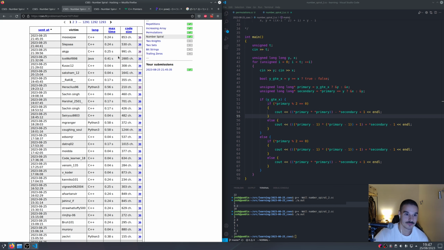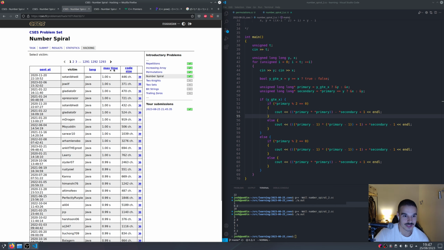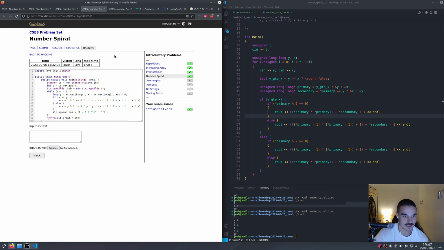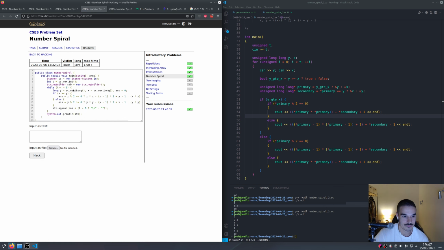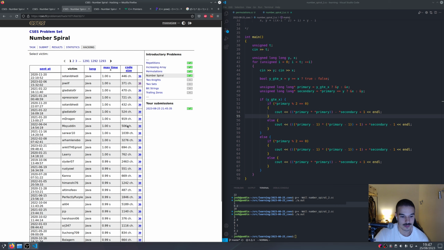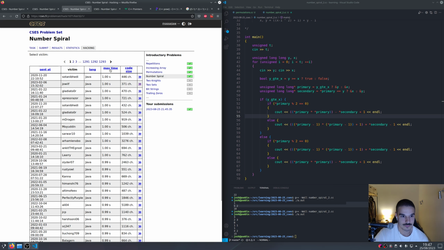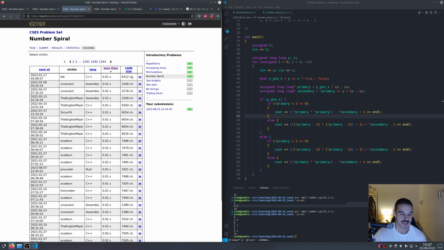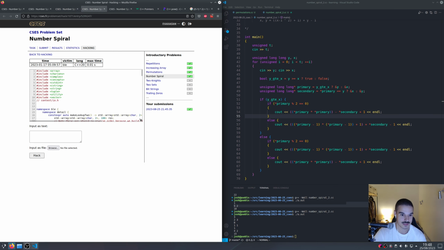Yeah, that's cool. I want to see the... Is this sorting them? Okay. So some people have it running in 1 second. I want to see the assembly implementation. Well, someone's managed to get it in 0.01 seconds.